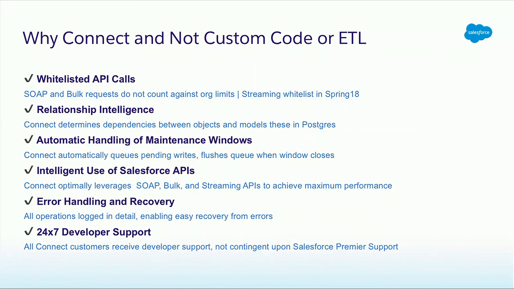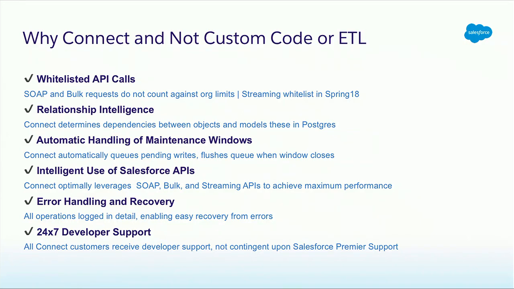Relationship intelligence, understanding the Salesforce data model and how it works. What happens when there's a maintenance window? It just keeps working. We queue up changes and process the queue after the maintenance window, or any type of connectivity issue. We analyze the data volumes, and so we'll use the right API depending on how much data has changed.